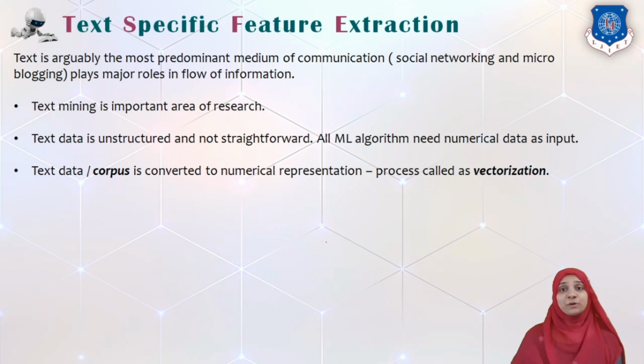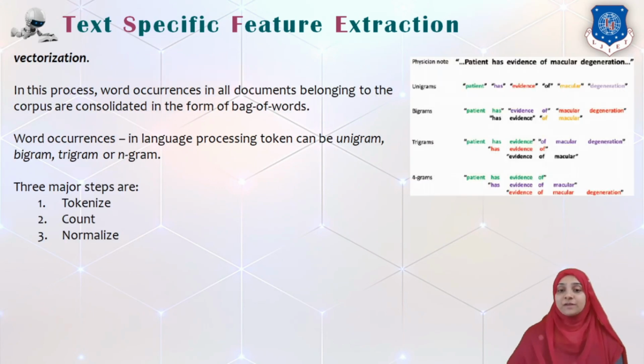This complete process of building a corpus and converting it into a numerical equivalent is called the vectorization process. Now let us look into the vectorization process in depth with the help of an example. The vectorization process is a process of counting word occurrences in a given document which belongs to a corpus. Now the corpus is nothing but a mini digest, a set of words that might appear in a given document.